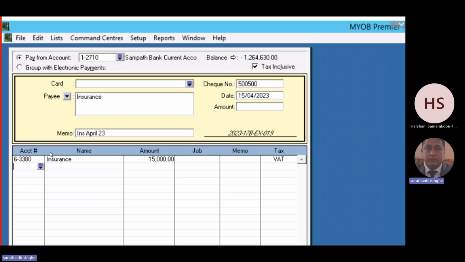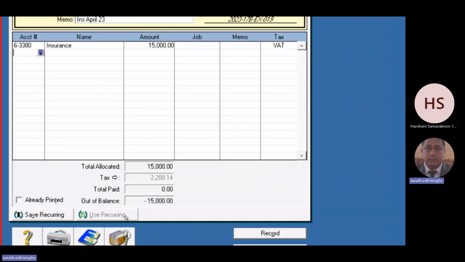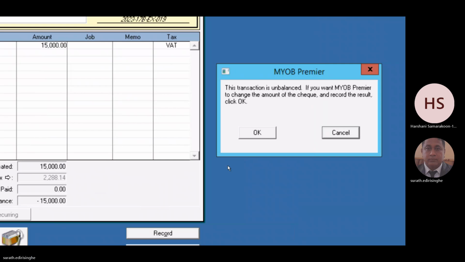Student, if you pay one time, then click on record. If you are paying at different times, we call it recurrent, don't click record here. Now you click on save recurrent in. Different options I teach. Save recurrent.